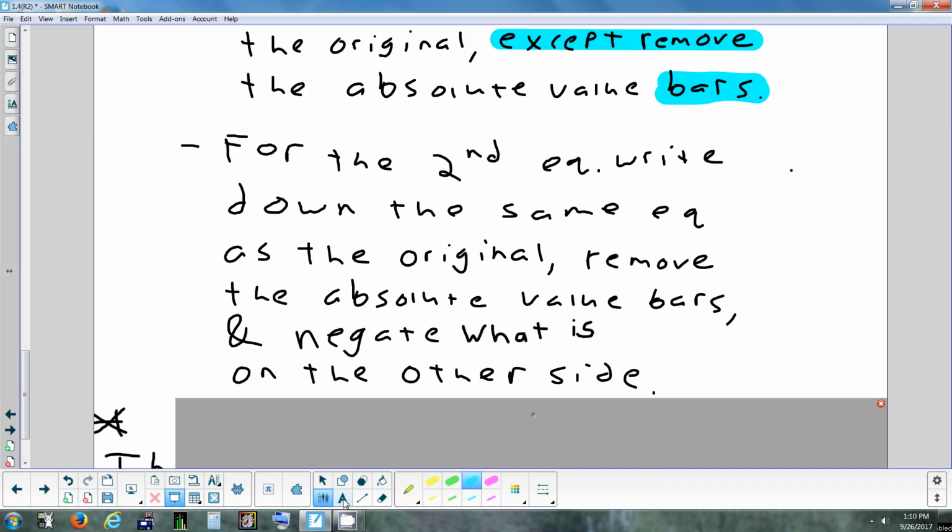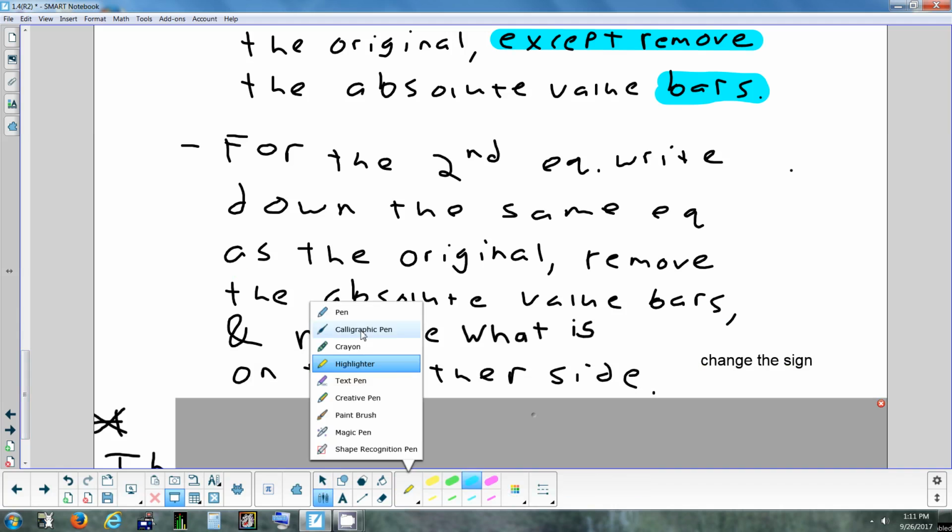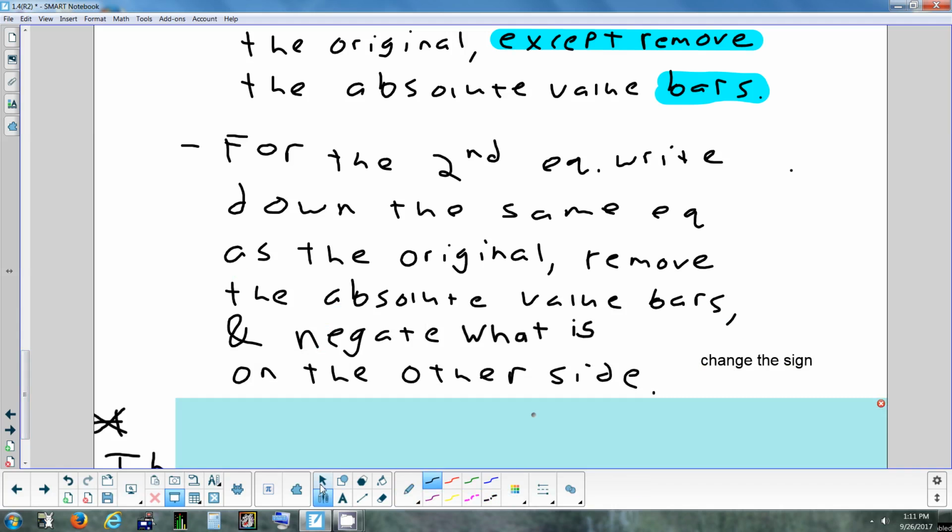The second one that we write, again, this is kind of like the disguise. It's going to be the exact same equation. The only thing is no absolute value bars. When we split them, we never write them with the absolute value bars. This is like putting a disguise on. Whatever it equals, you're going to make it the opposite.